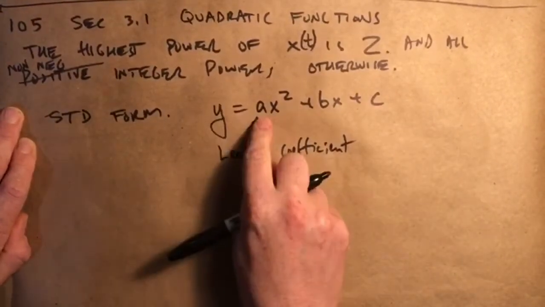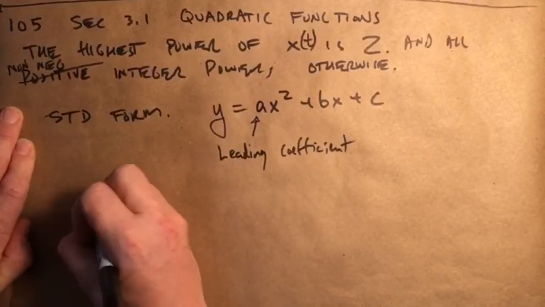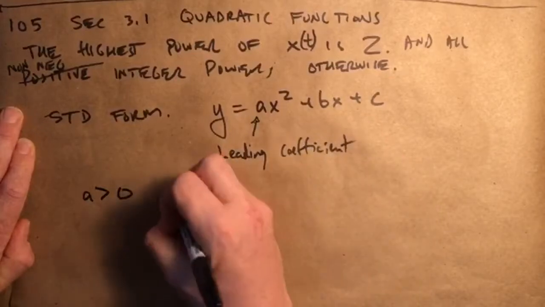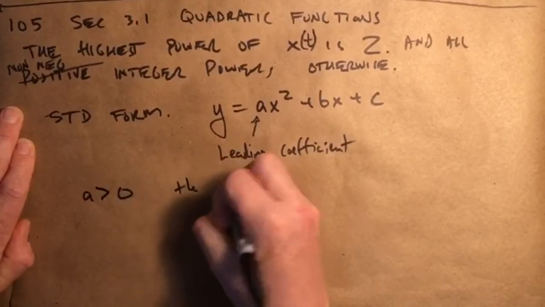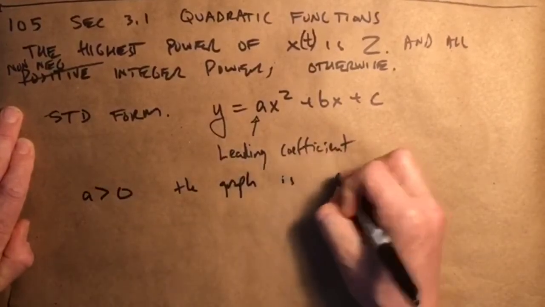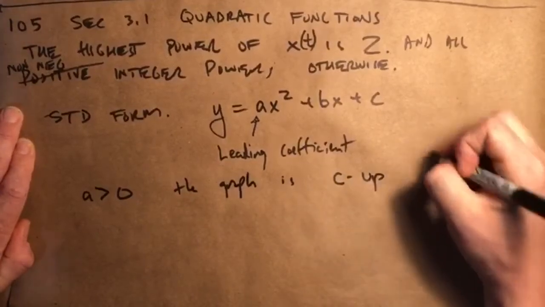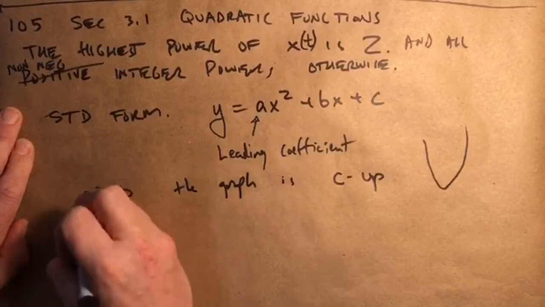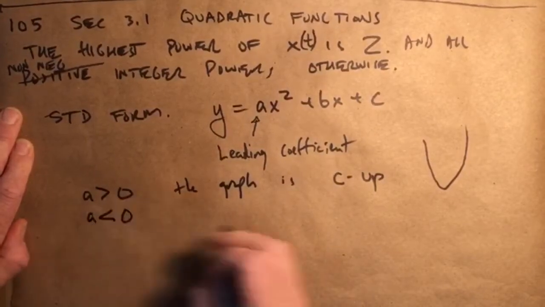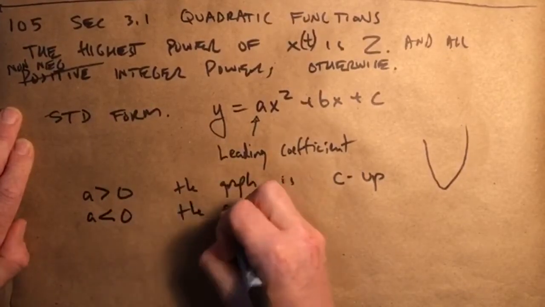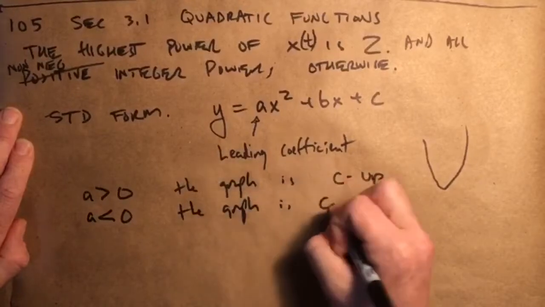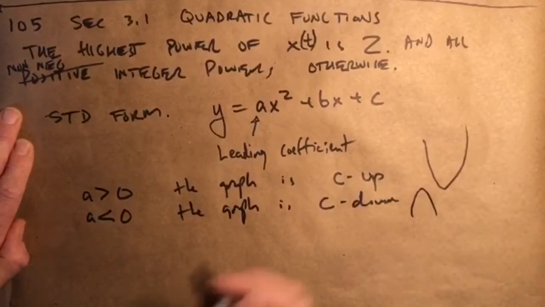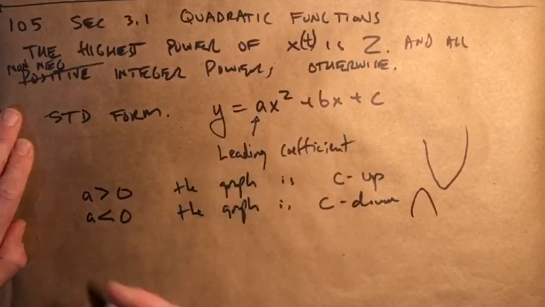If a is greater than 0, our graph is concave up, that is, a quadratic that opens upwards. Similarly, if a is less than 0, the graph is concave down. So that's what our a value does for us.